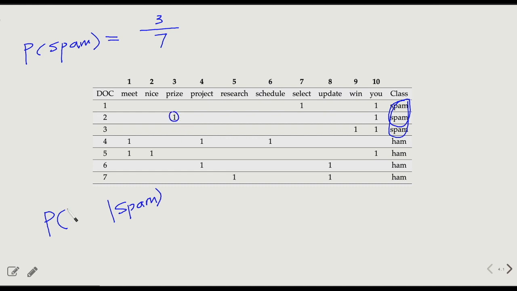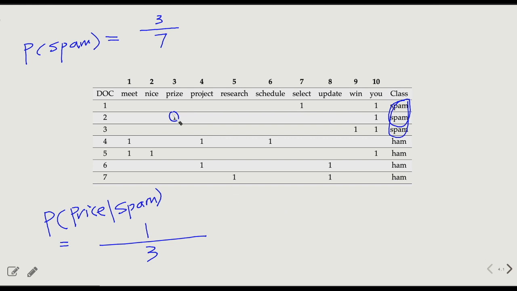So the likelihood of the term price given that the email is a spam. We count the number of spams, which is 3, as a denominator, and then count the number of times price appears in the documents. Price only appears in 1 email out of 3, so it's 1 out of 3.